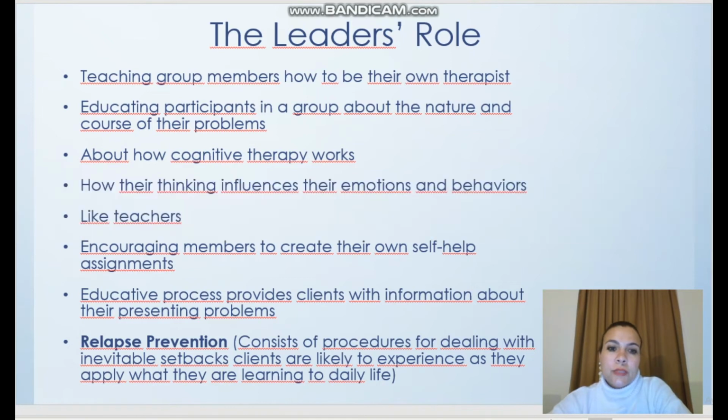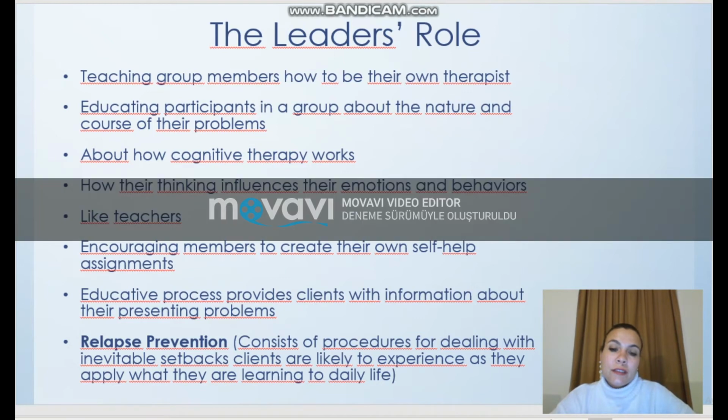And actually here, relapse prevention is important as part of the leader's role in groups and counseling sessions. For relapse prevention, there are some procedures for dealing with inevitable setbacks clients are likely to experience as they apply what they are learning to daily life.